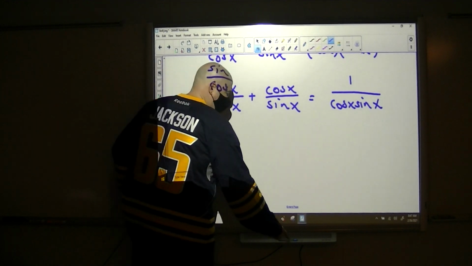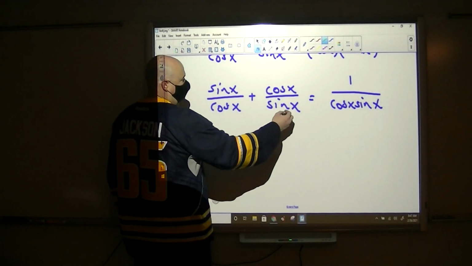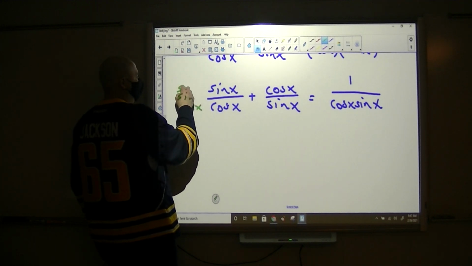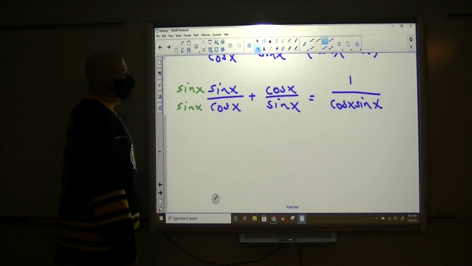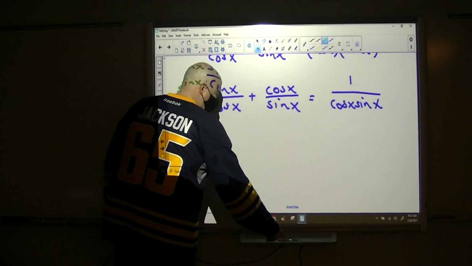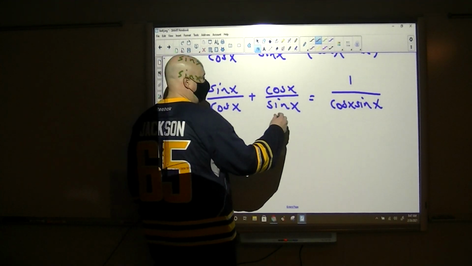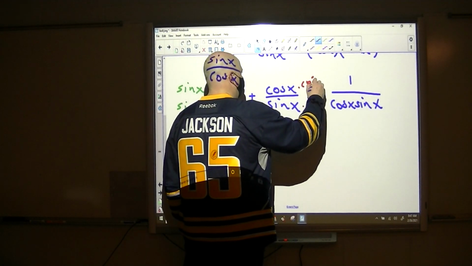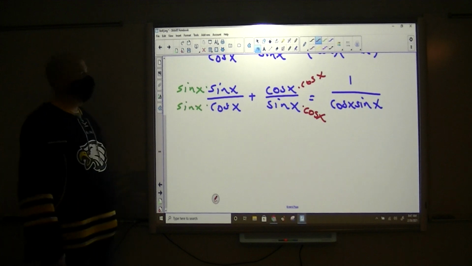How do we get that common denominator? We take our denominators and we multiply them. So I take sine x and I multiply that on the top and bottom over here. And at the same time, I take this cosine x and I multiply it times the top and the bottom over here.